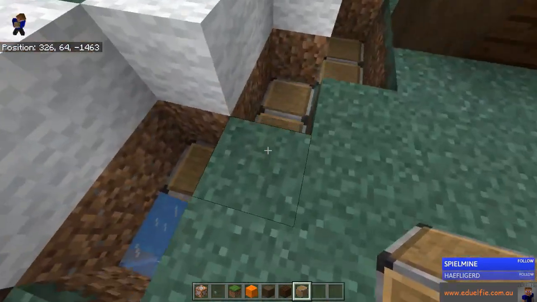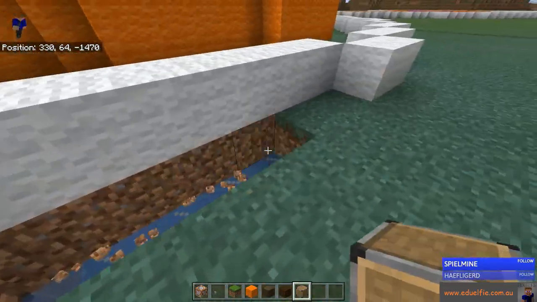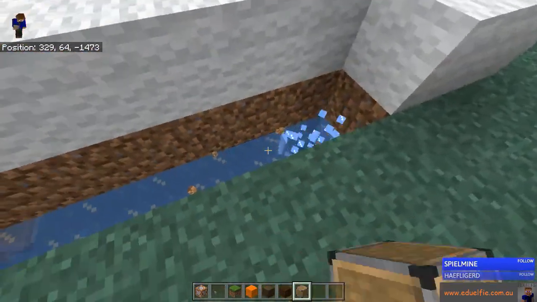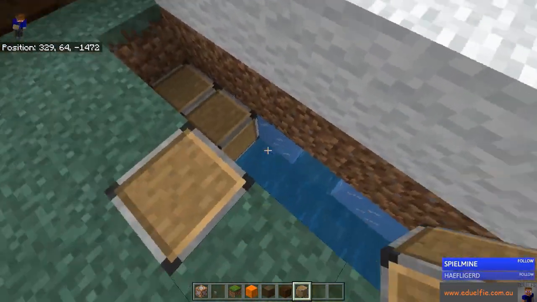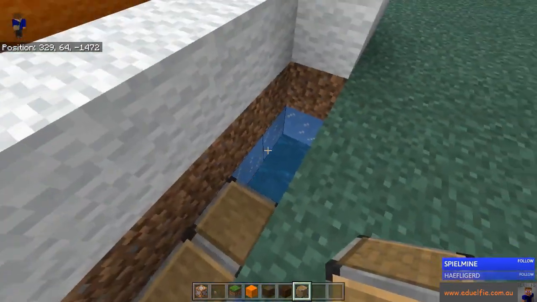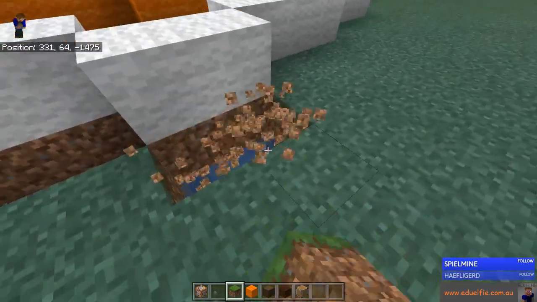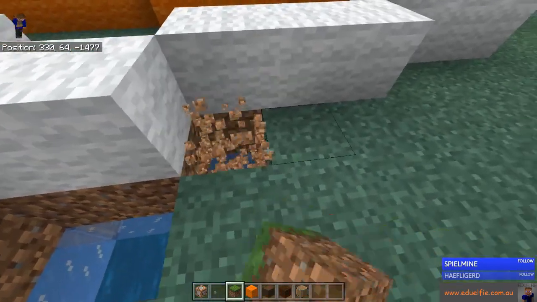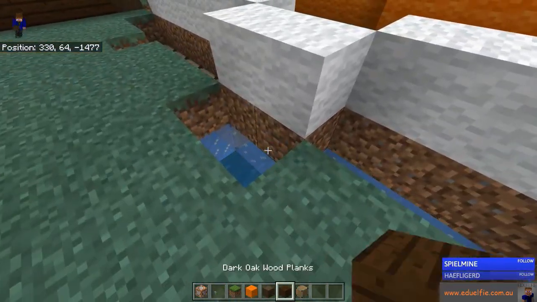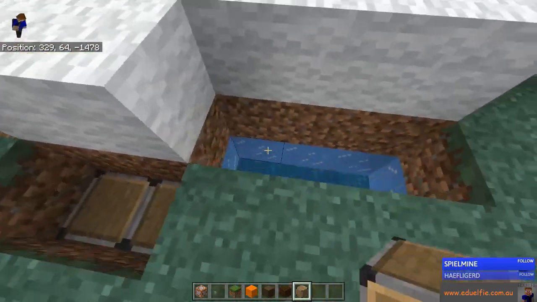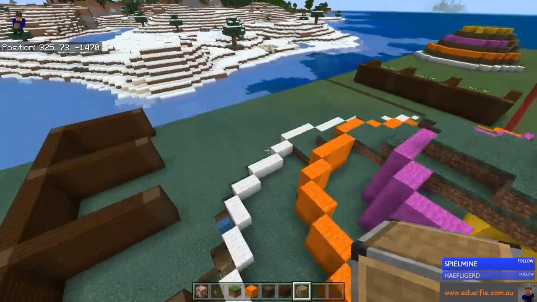Right, and then what I can do is go underneath. Sometimes the block placing in this just seems very odd. If I mark the extremities, it's really only that bit there that's key.